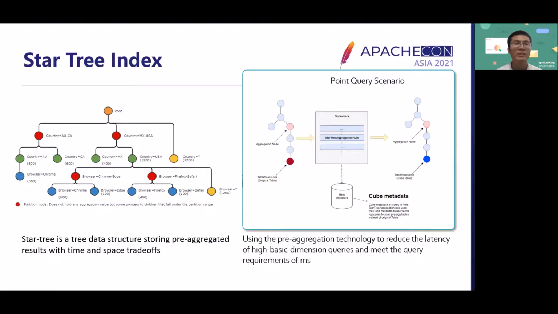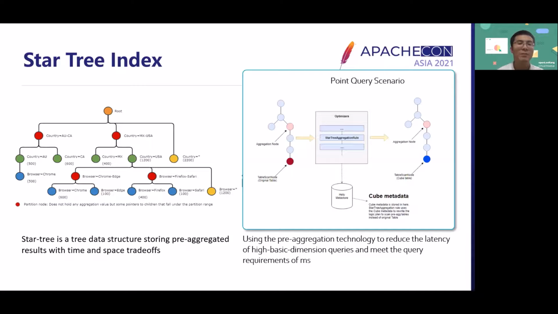And the final one is the star tree index technology. A star tree is a tree data structure that stores pre-aggregated results, with time and space trade-offs. As we can see in the left figure, the star tree stores the pre-aggregated values in the tree nodes. If the user wants to do aggregations on several columns with different aggregation types, we can use this pre-aggregation technology to reduce the latency.